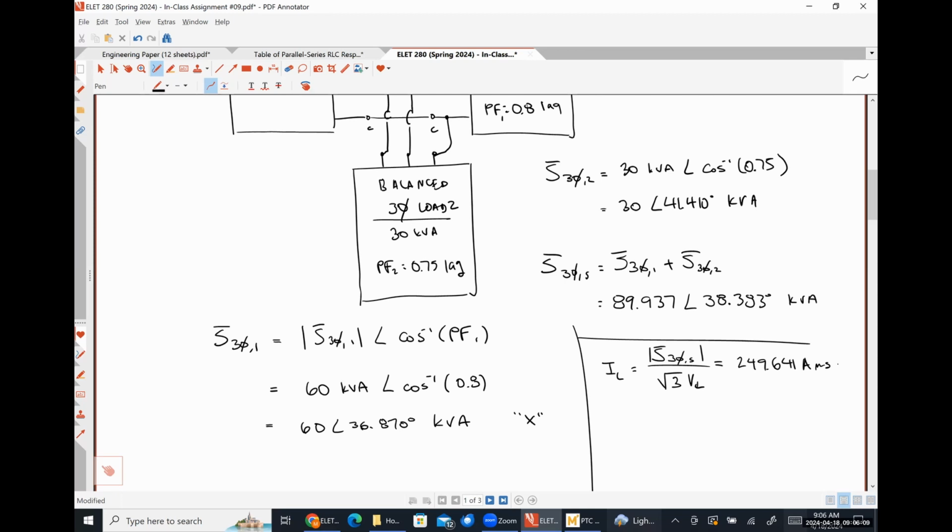All right, so how do I find my power factor? So cosine of which angle? 38.383, absolutely.